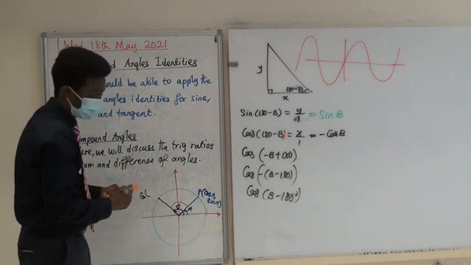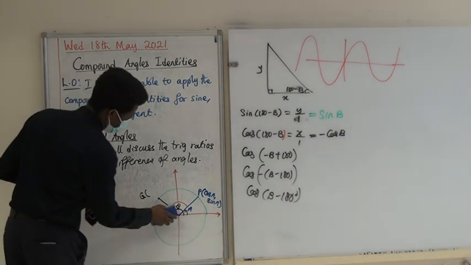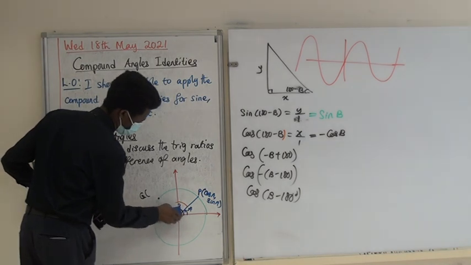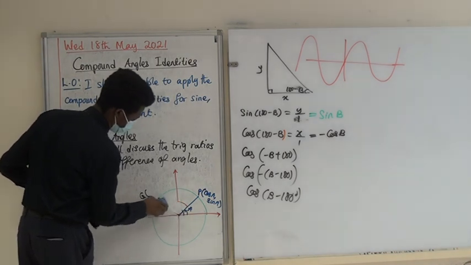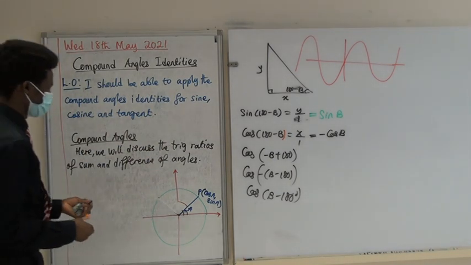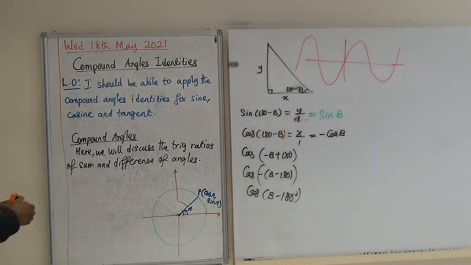So the easiest way for us will be to restrict A and B to the first quadrant, so we don't have to worry about this problem. Please pay attention.